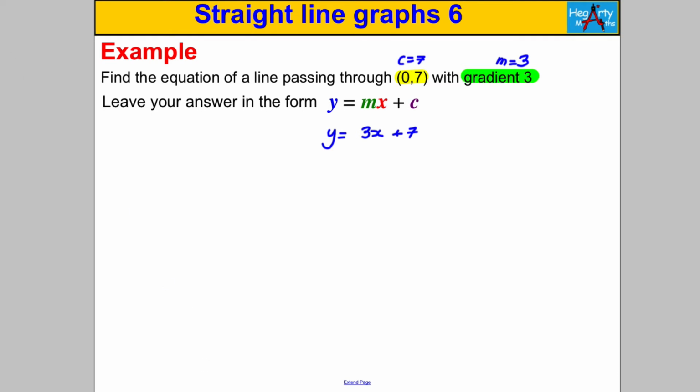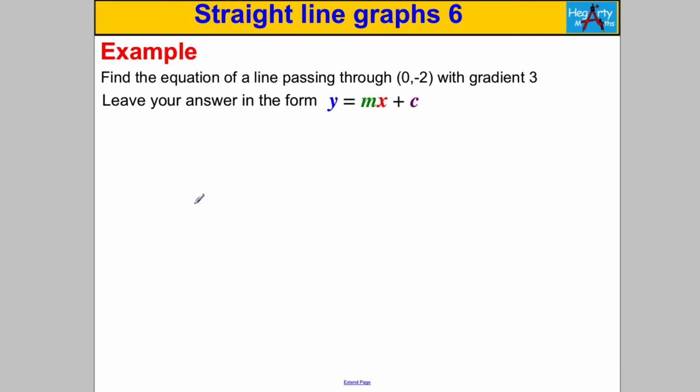And so forth for the rest of this particular skill. So pause and make sure you try each one before I go through it. In this case, because we go through 0, negative 2, c must be negative 2, the gradient m must be 3. We're ready to rock here, and we can state straight away that y is equal to 3x take away 2, and we're done.